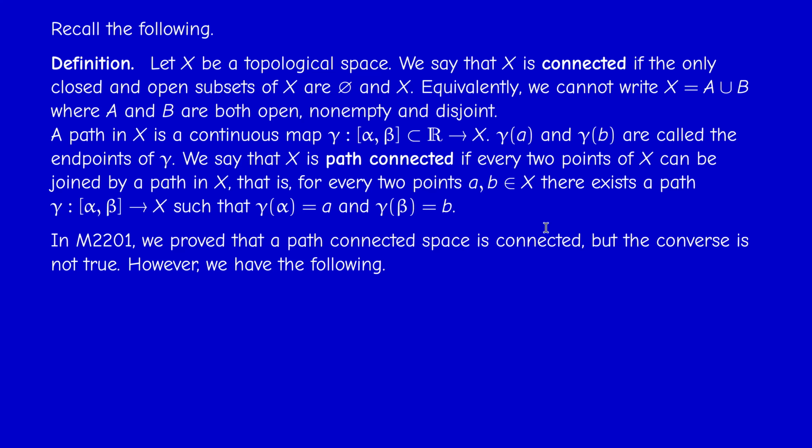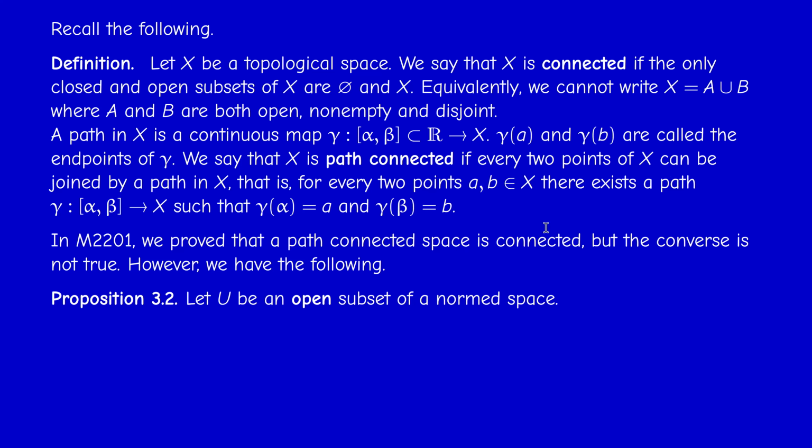In Math 2201, we proved that path connectedness implies connectedness, but the converse is not true. However, you probably proved this in the next semester of second year.